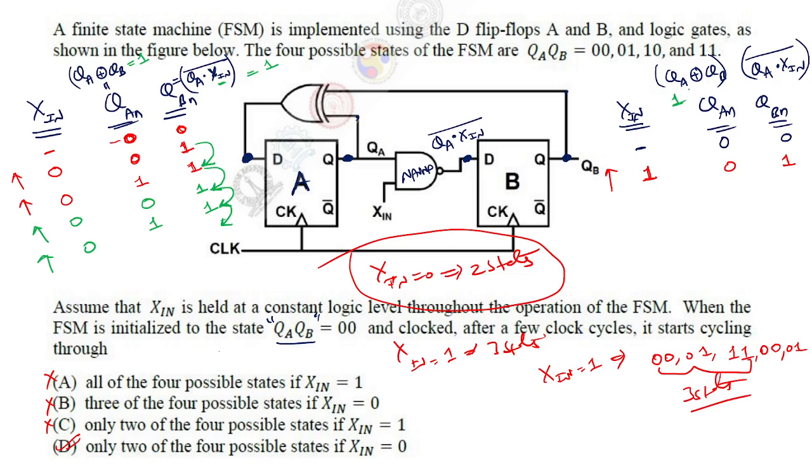Bunty, please, communication, please. What is this one? Tell me, what is this value? What is this? 1. So when you apply the clock pulse, what will happen? 1 and 1 will be there, right?